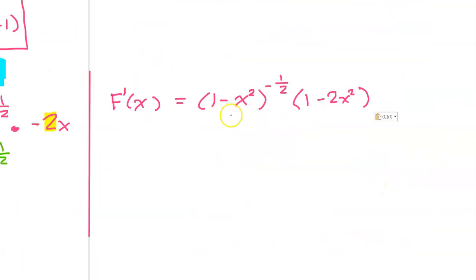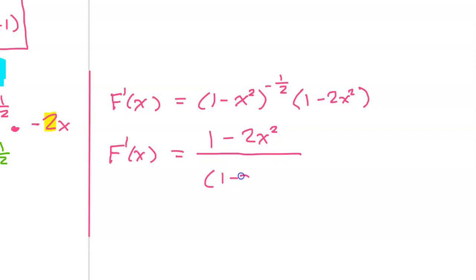The directions said to write this as a single rational expression, which means I need to write this as a fraction. So I see the negative exponent here, so I will drop this down to the denominator, and I will have 1 minus 2x squared in the numerator over 1 minus x squared to the positive 1/2 power.